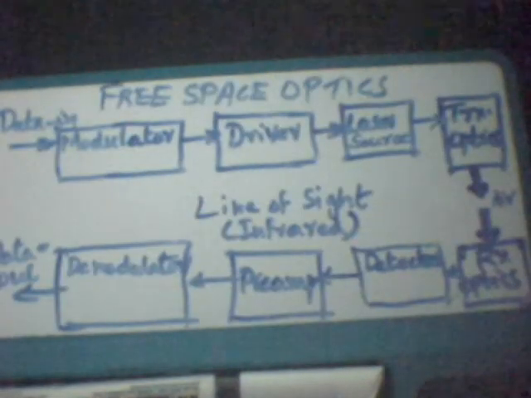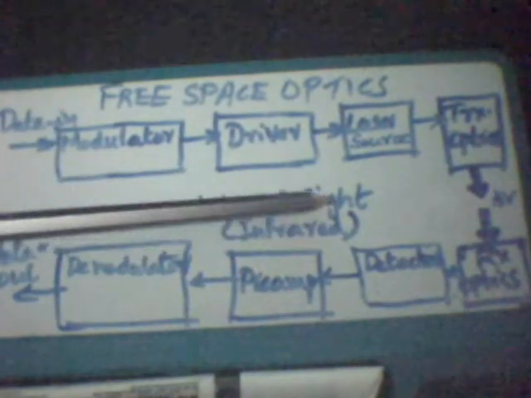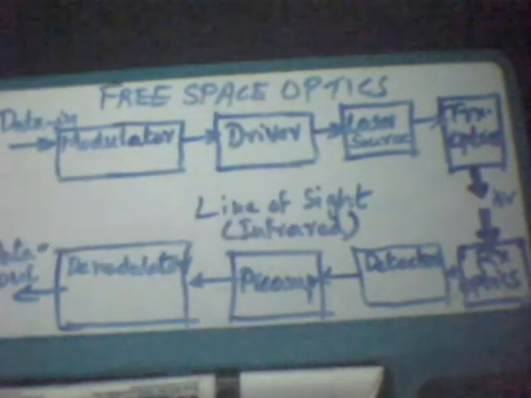We now have the block diagram of free space optical communication, a wireless form of connection designed for interconnection of two points which have a direct line of sight. The medium of transmission will be free space or air, and the communication will be line of sight using infrared waves.